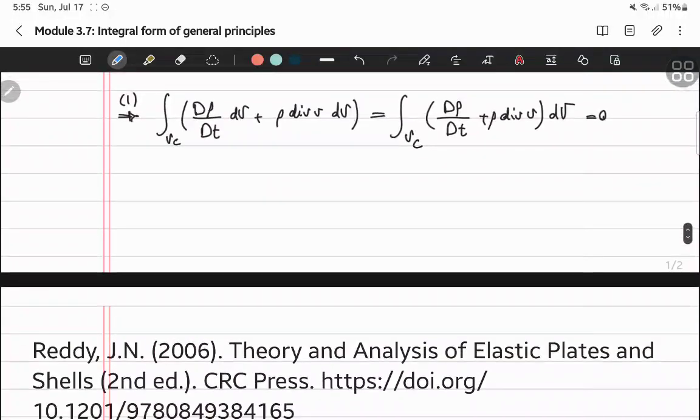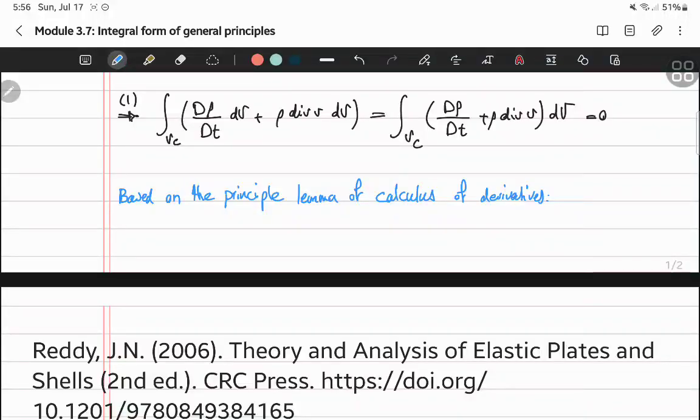So therefore, based on the fundamental lemma of calculus of derivatives, we can write that d rho/dt, the material derivative of rho, plus rho divergence of v should be equal to 0 for any control volume that we take.